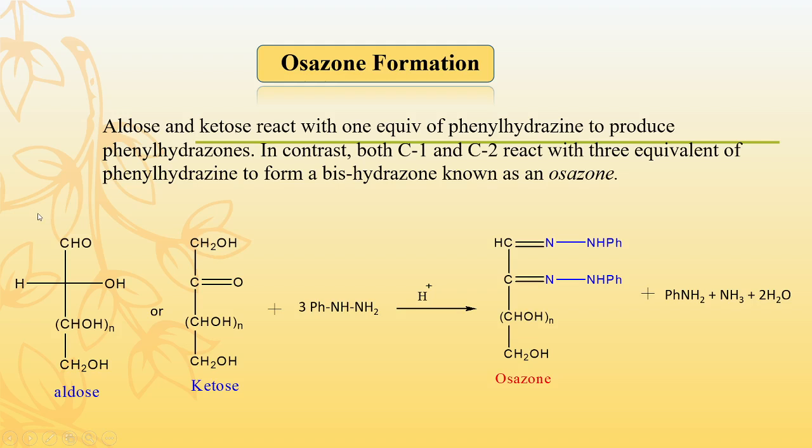After the formation of the phenylhydrazone, this hydrogen can be abstracted, and there is a formation of a double bond. Once the double bond is formed, there is a tautomerization.